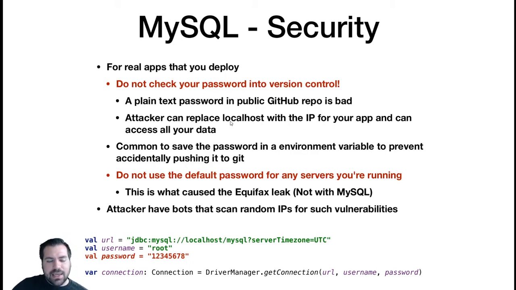If you are connected to the internet, somebody can replace localhost with your IP address and connect to your database if they have your username and password. This is a very big concern, that once you have a networked database, which they're all networked except with exceptions like SQLite, you have this network database server that speaks network technologies, that speaks TCP.